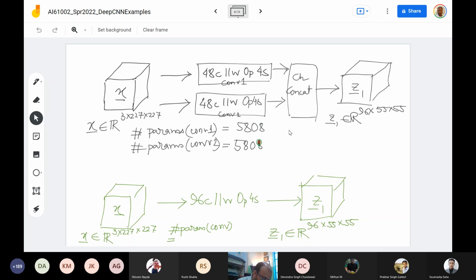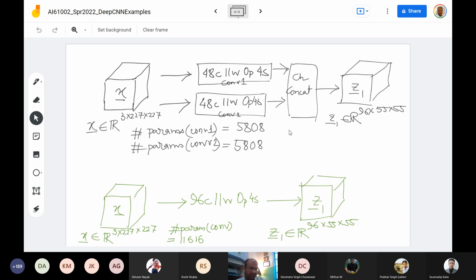Now what will be the number of parameters in the second case? 11,616. Okay.